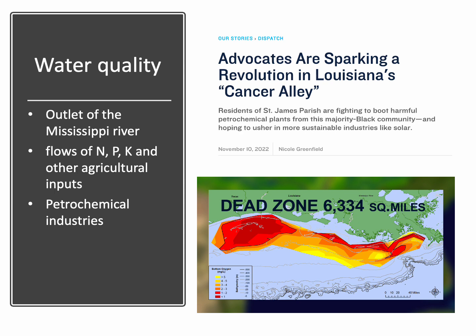The dead zone is caused by a process called eutrophication. So that's the high nutrient levels that are coming off, and also agricultural chemicals and sediment that are coming out of the Mississippi River, and that supports a lot of algae growth.